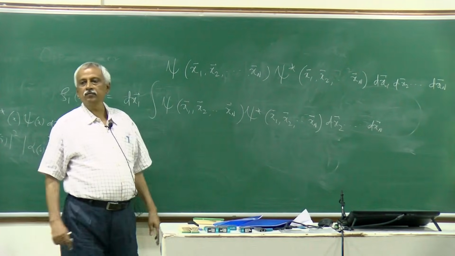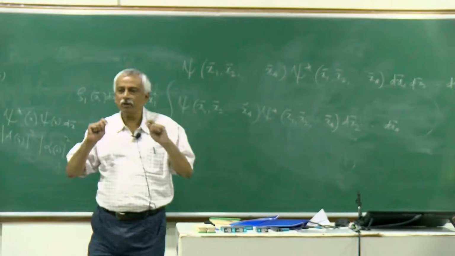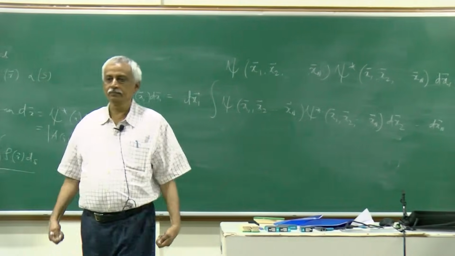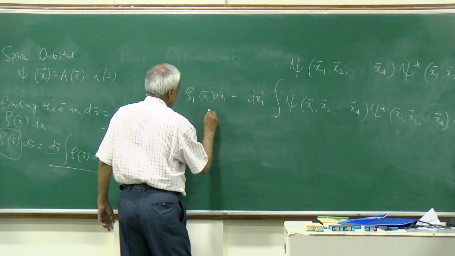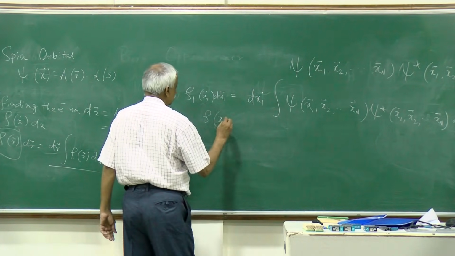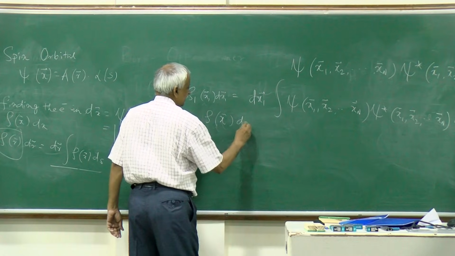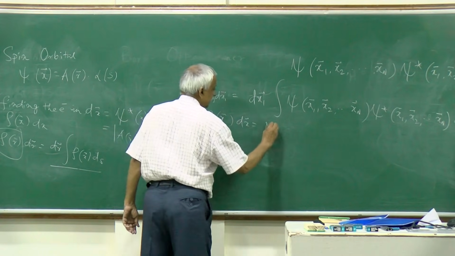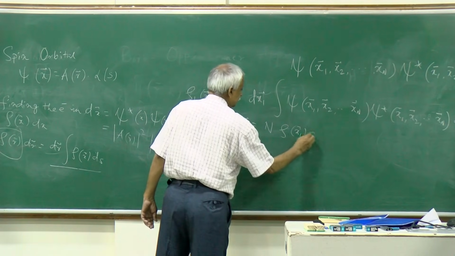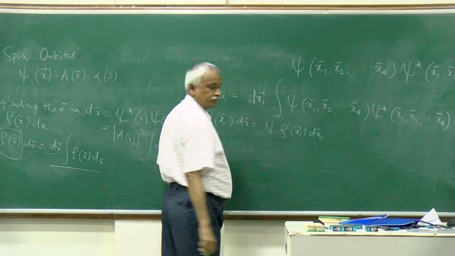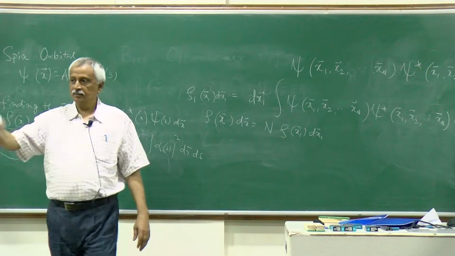That means, if I want to say any one of those electrons in dx1, that if I write it as rho(x) dx, this would be n times rho(x1) dx1, isn't it?